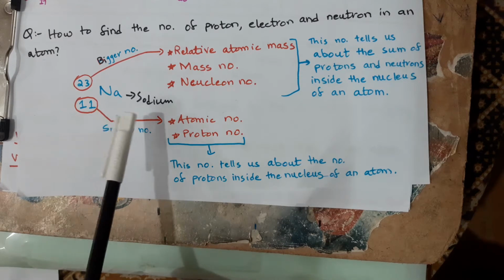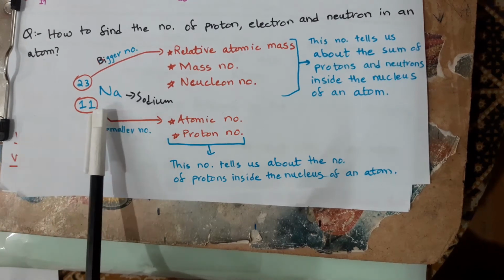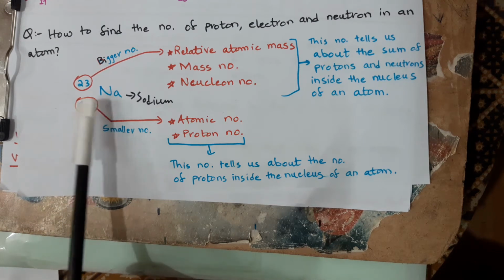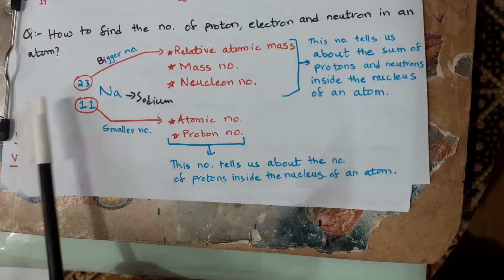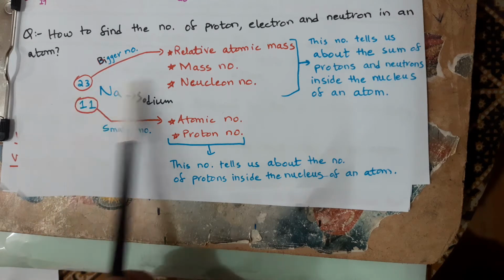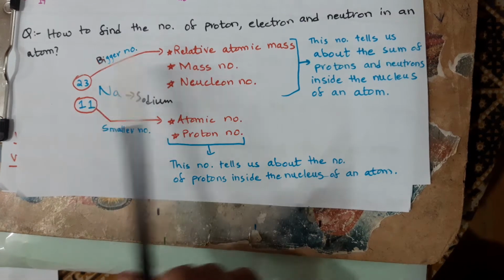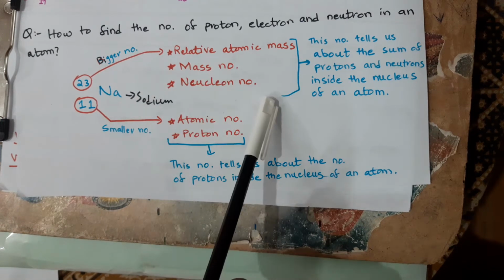So if I take sodium, Na, over here, you know that its atomic number or proton number is 11 and its mass number or nucleon number is 23. It is also known as the relative atomic mass number or nucleon number.